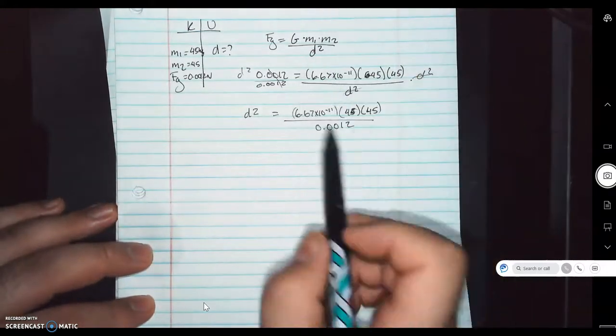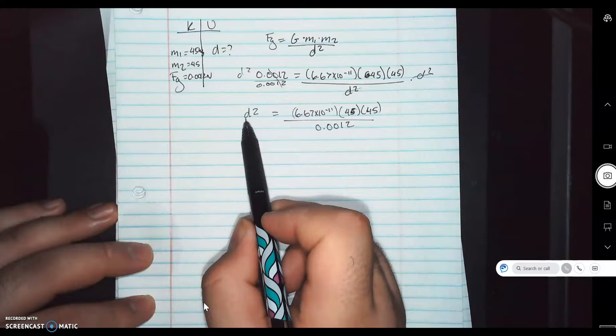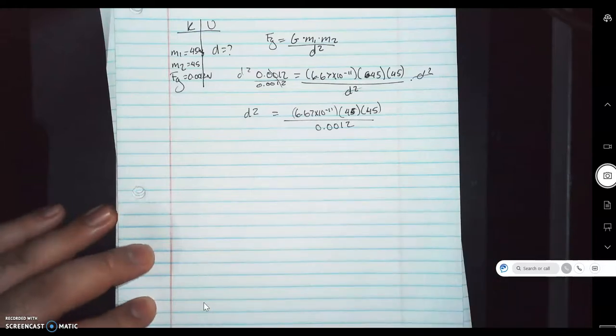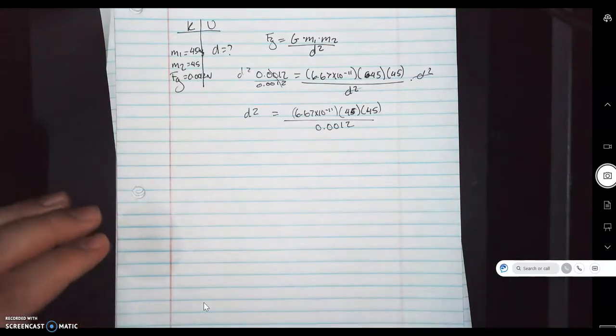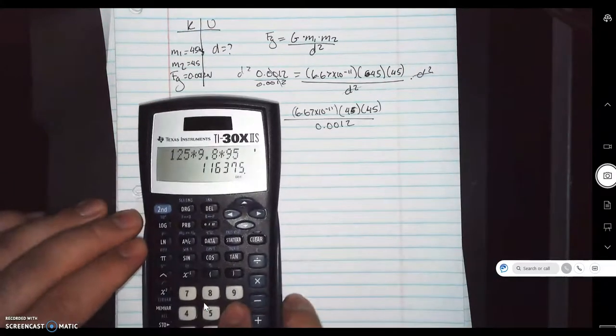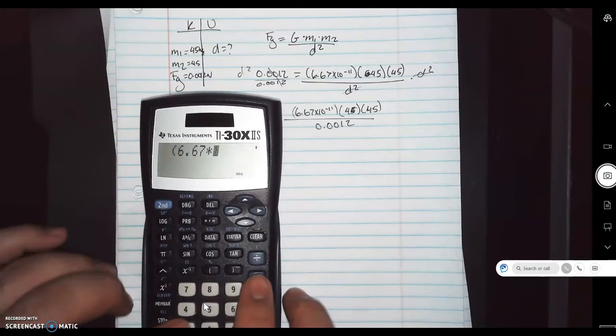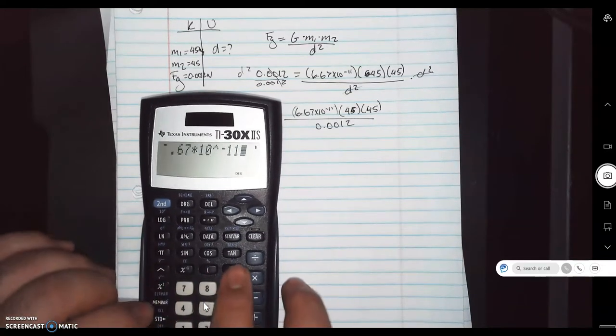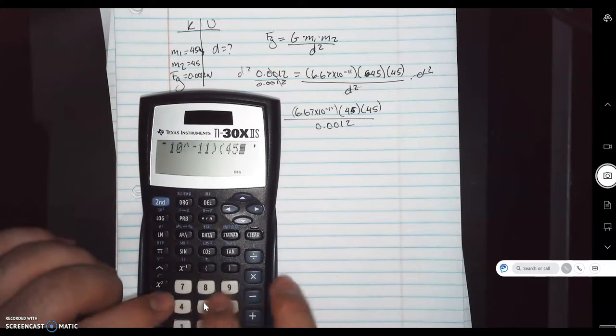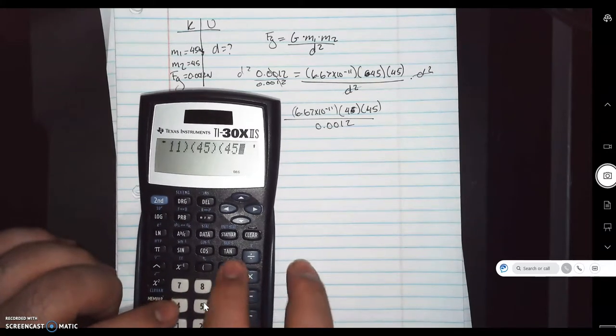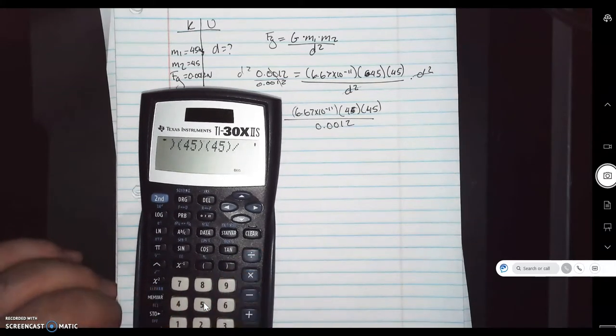So now all you need to do is simplify this in your calculator, and we'll take the square root. So let's go ahead and do that. So taking your calculator, you get, in parentheses, 6.67 times 10 to the negative 11 times 45 times 45 divided by 0.0012.